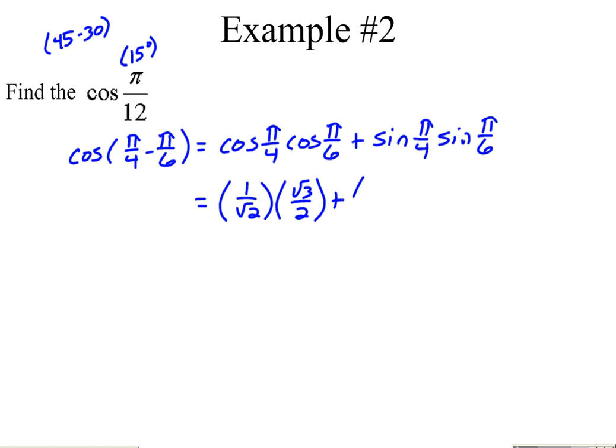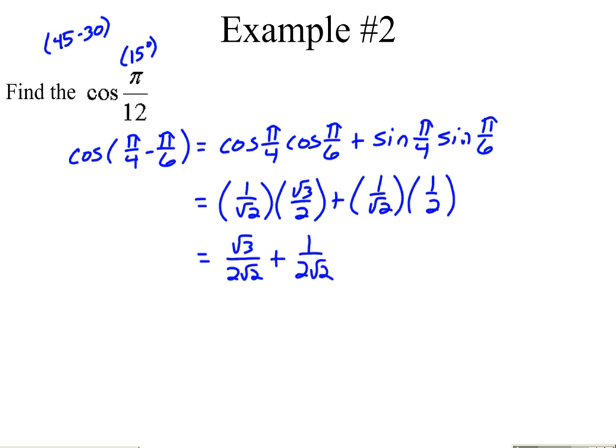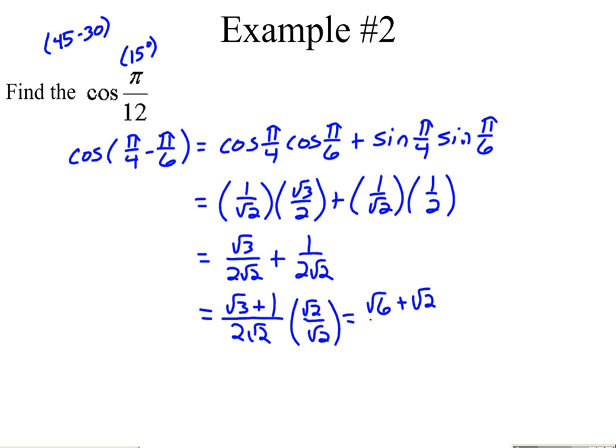Sine of pi over 4, 1 over root 2. Sine of pi over 6, 1/2. Multiply the fractions. Add them together. Root 3 plus 1 over 2 root 2. And rationalize. We end up with root 6 plus root 2 all over 4.